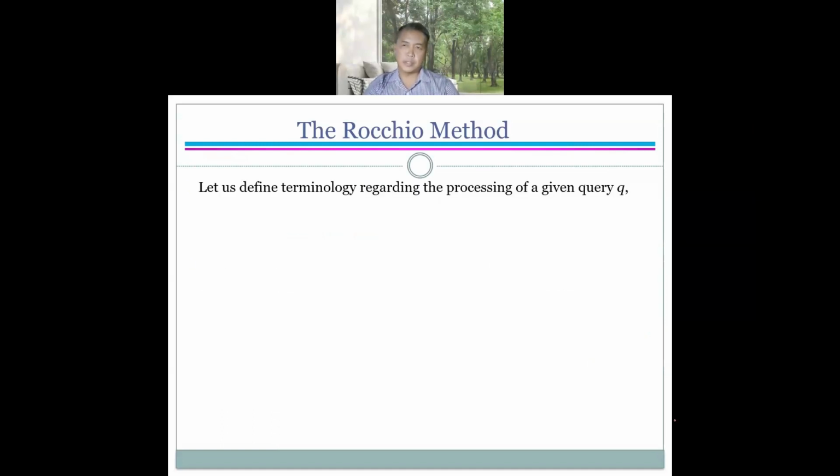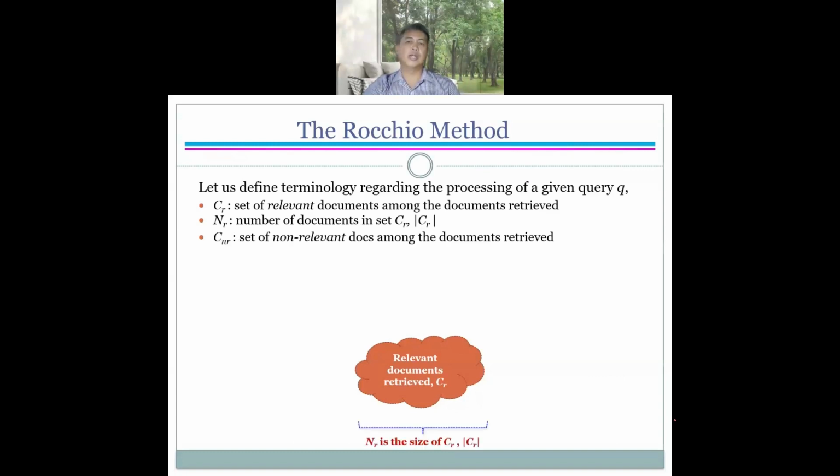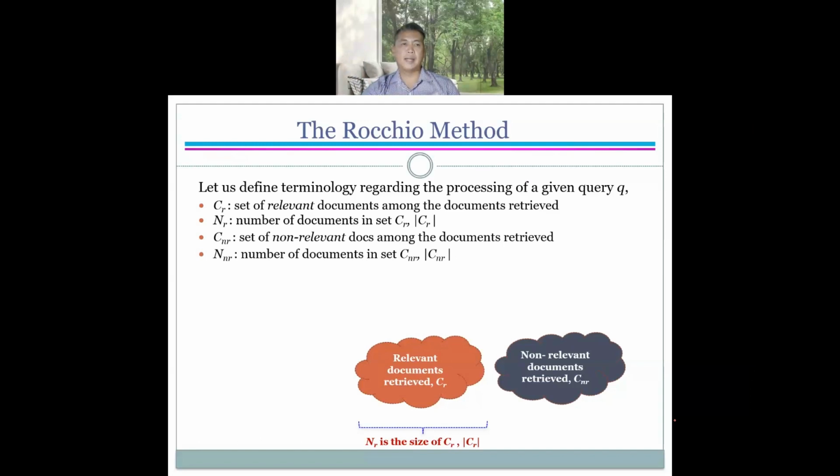Let us define the terminology regarding the processing of a given query. Given this is your relevant document, you will have this relevant document, and of course you have the size of your relevant documents. The N_R will be the size of your relevant documents, and you also have the non-relevant documents, and also their size.